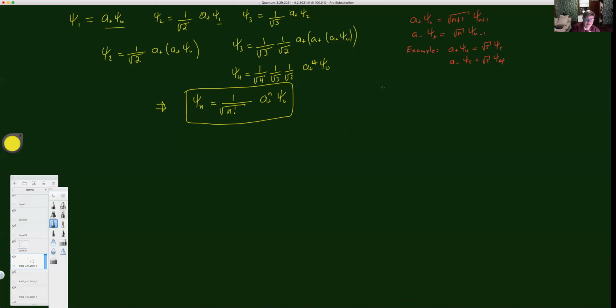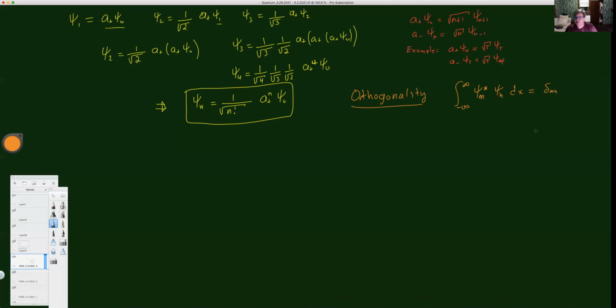The way that we write that down, again, remember orthogonality, is this idea where you have the integral from minus infinity to infinity of psi m star psi n dx is equal to delta mn.